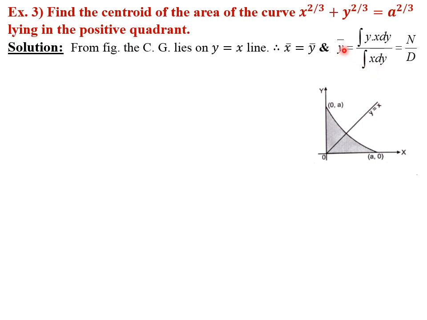And we know very well, as the y axis is the boundary of this region, the double integration formula for y bar will turn to a single integration of y into x dy whole divided by single integration of x dy. Again, similar to the previous examples, let us consider these integrations as n upon d and evaluate them one by one.